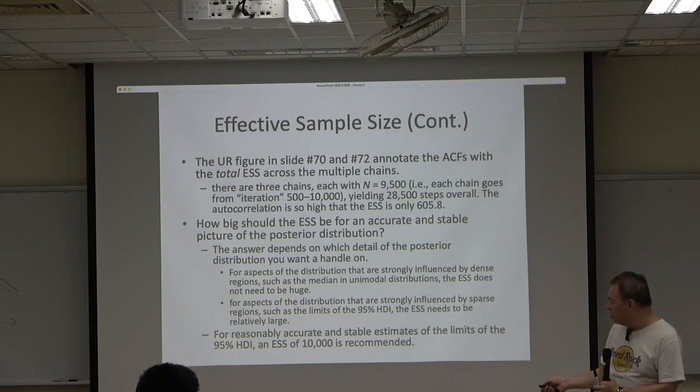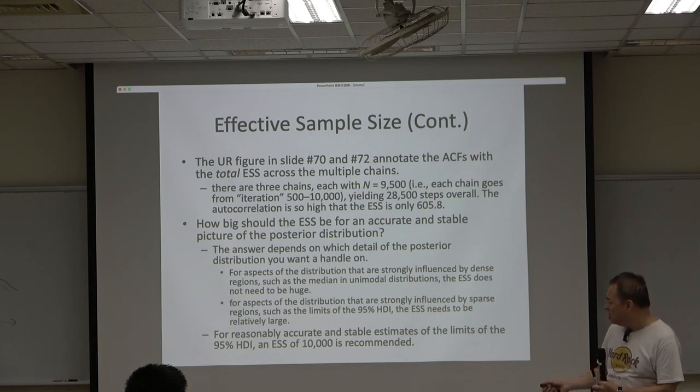But still, with 6,000 you normally end up with around 5,000 effective sample size. It should be relatively okay.